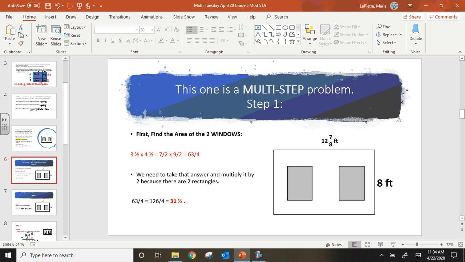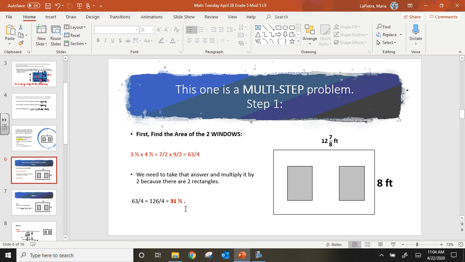We need to take that answer and multiply it by 2 because there are 2 windows, 2 rectangles. 63 over 4 was for one window. So when we did that, we've got 31.5 for my answer. 63 and 1/4 times 2 is 126 over 4.